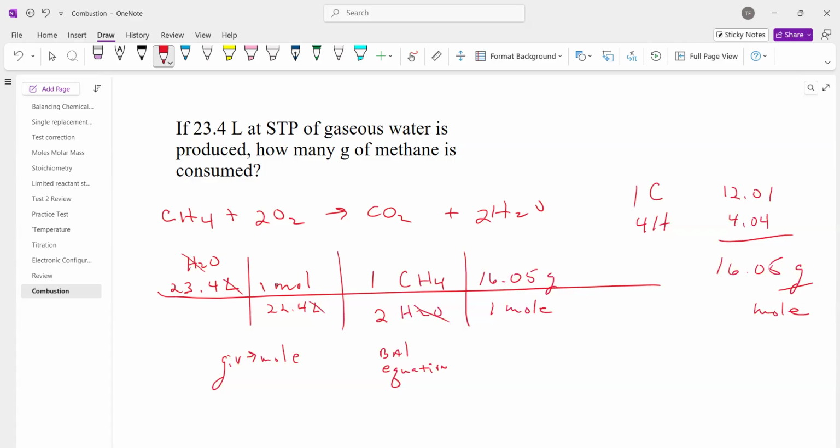Okay, so this is moles to grams, calculated. Okay, is everyone okay with the setup?